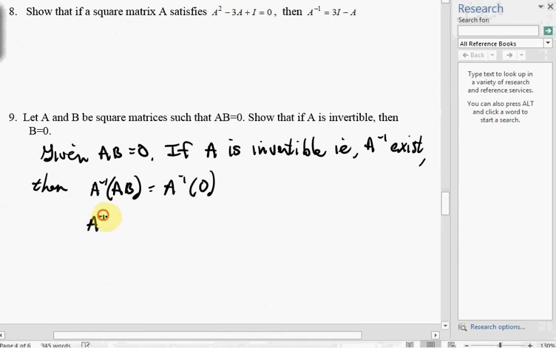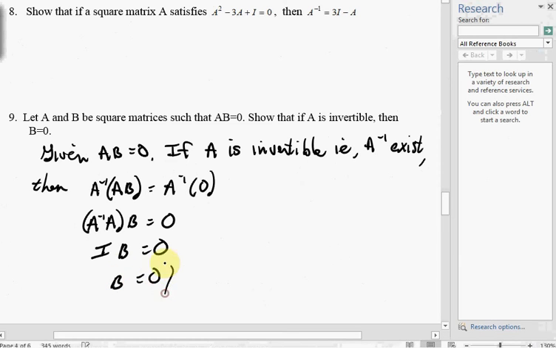We associate A inverse times A times B. Well, the 0 matrix times anything is 0. A inverse times A is the identity, times B is equal to 0.